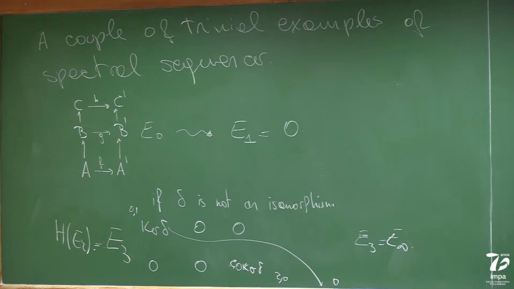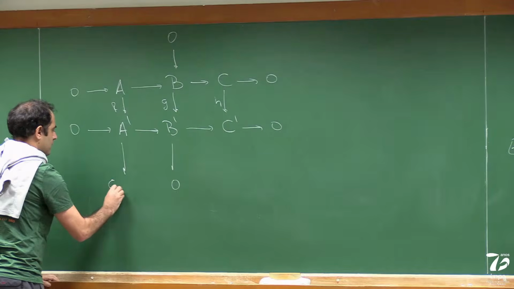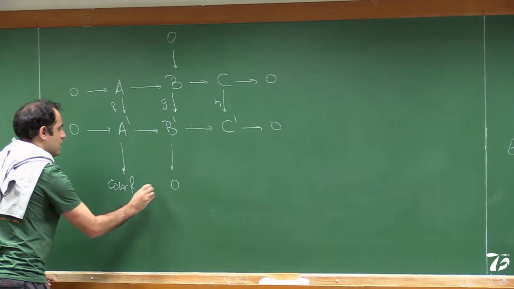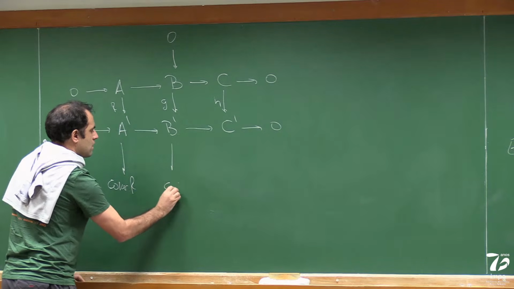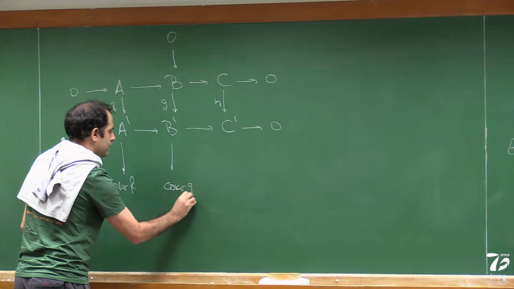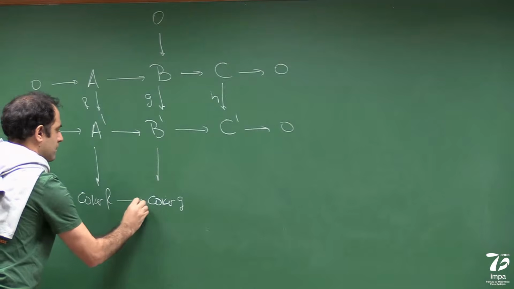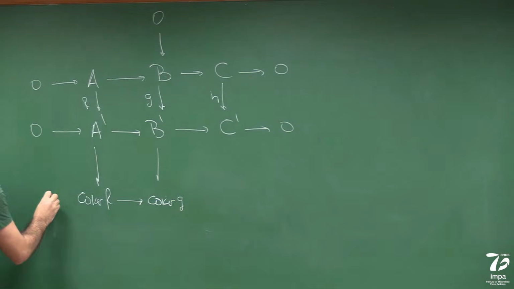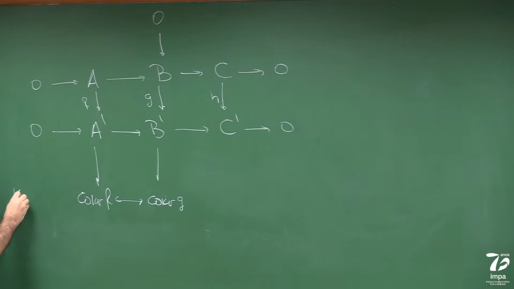Well, delta was given as a map from the kernel of the co-kernel of F, now I'm completing this, to the co-kernel of G. And I've written this as the kernel of this map here.